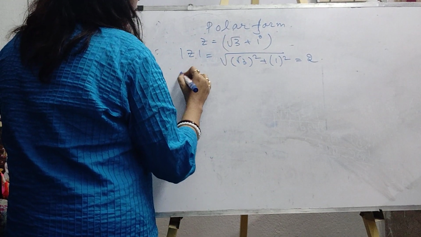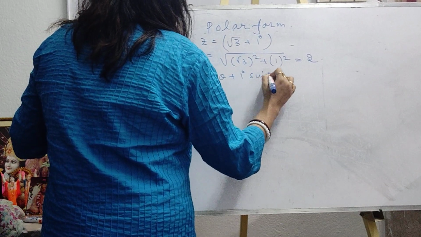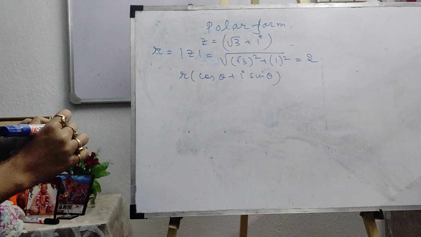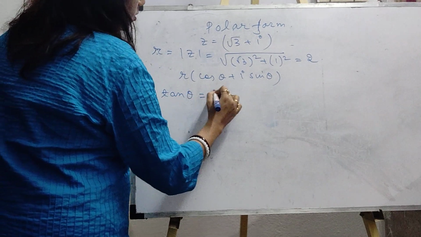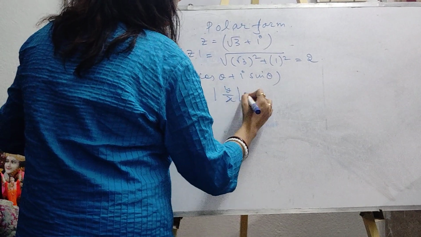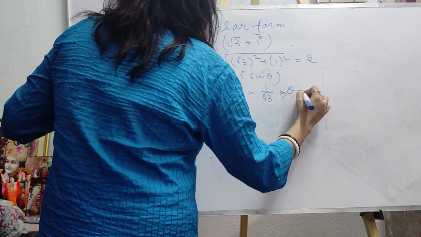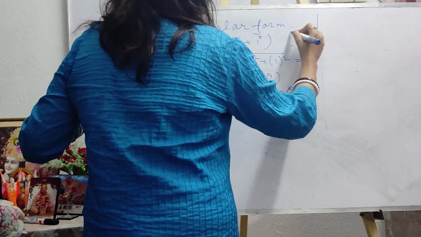Polar form is r into cos theta plus i sin theta, where r equal to mod z and theta is the argument. Now I have to find tan theta equal to modulus of y by x, that is 1 by root 3. It is lying in the first quadrant.